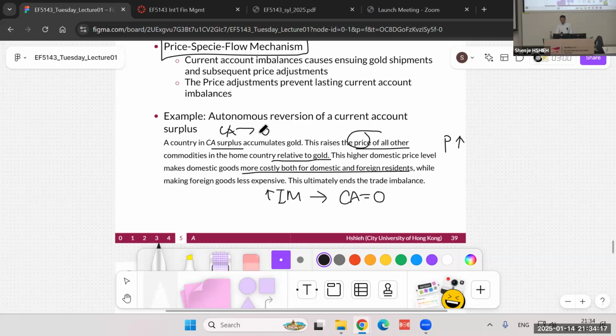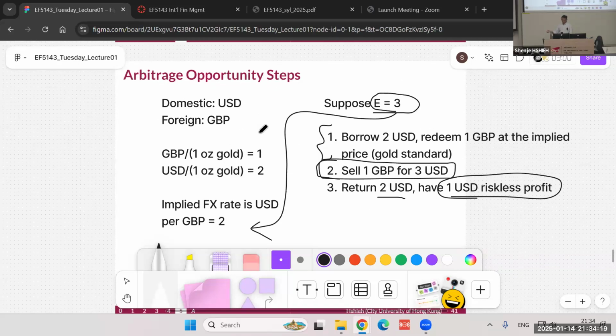The financial explanation in the FX markets is that it's sustainable because if there's a deviation away from the implied exchange rate, then you can have arbitrage profits. And what that means is that those profits should not exist for long. There are price pressures that push the deviation back towards the implied exchange rate.